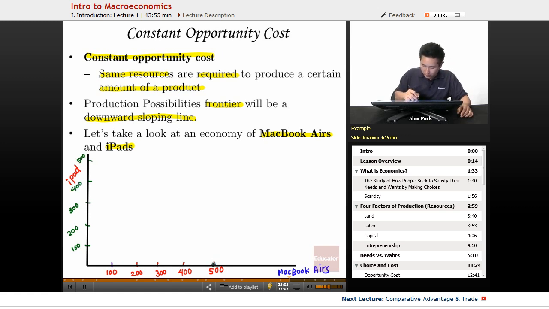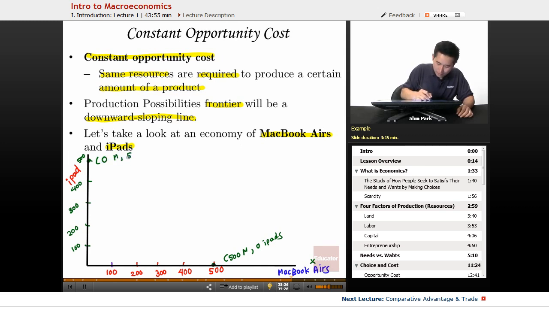Well, it's really easy here. So let's say you can make 500 MacBook Airs. So this would be the X here. And iPads, you can make 0 iPads. Well, again, if it's constant opportunity cost, then the opportunity cost is going to be the same here. So you can make 0 MacBook Airs, or you can make 500 iPads.